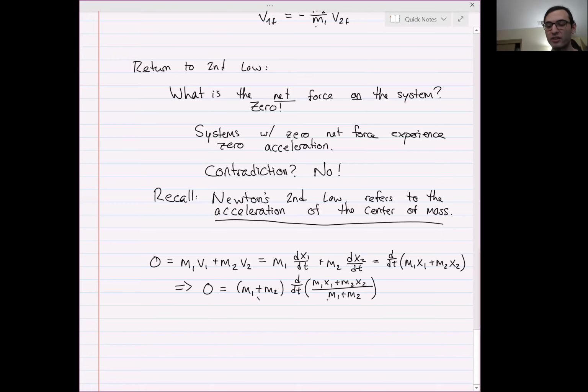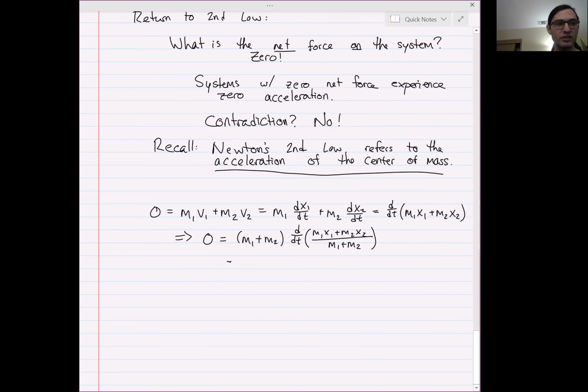All I did was multiply and divide by m1 plus m2 and put one of them inside the derivative because they're constant, so it doesn't matter. This is just the total mass. And we give this a name. We call it x sub cm, the center of mass. So this is m total times the time derivative of x sub cm.